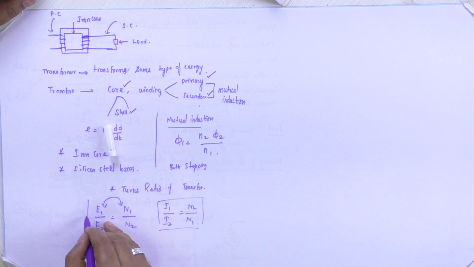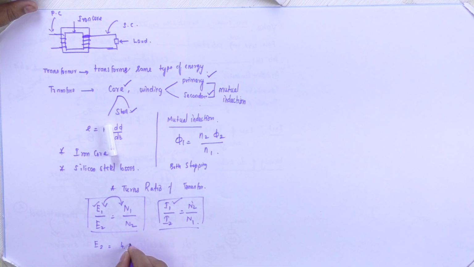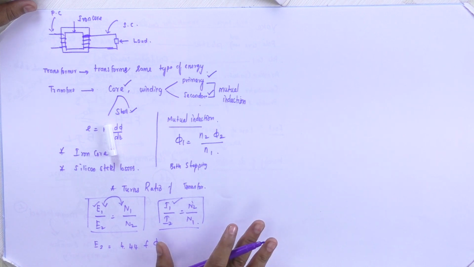So these are the two equations to be observed, giving the relationship between the number of turns and voltage and current. The EMF induced in the transformer on the secondary side, E2, is given by 4.44 f phi, the basic EMF equation of a transformer. So this is the working principle of a transformer.